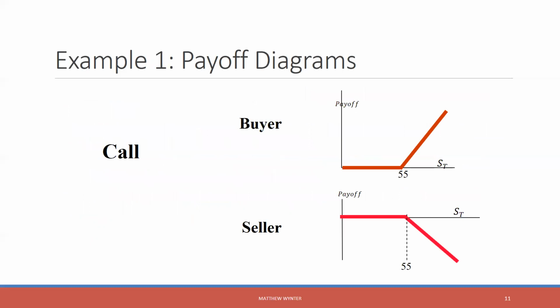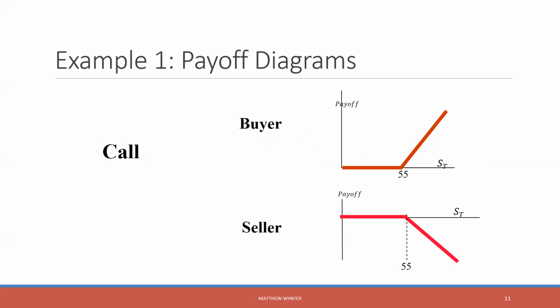First, let's look at the buyer. If I'm the person who's bought this option, anything below 55, I'm not going to use it. Why would I pay you $55 for a stock that's trading at 40? I wouldn't. Rather than use that option, I would go to the market to buy the stock. Notice how everything above 55 has a positive payoff.